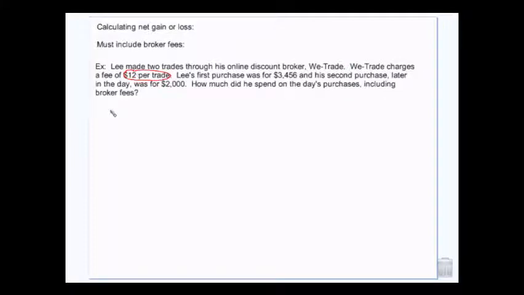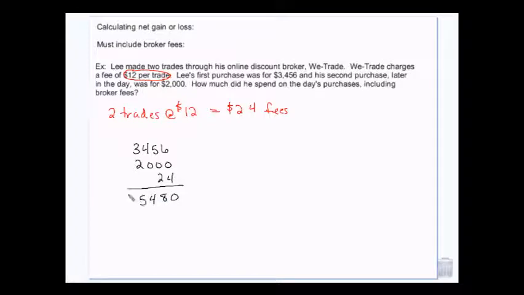So we have two trades at $12 each, so that's $24 in fees. 24, not 25. We add all that together, and that's how much he has to spend today.